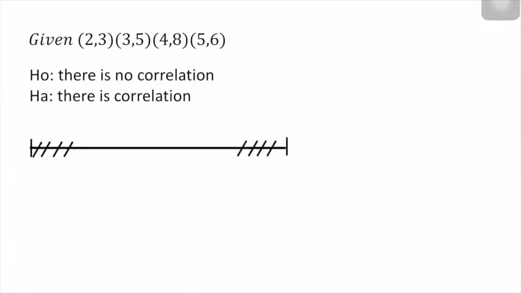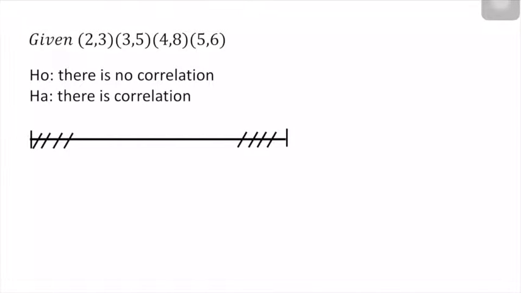Second, we draw a line and shade the region, and we know that r is from -1 to 1. And then we look up the chart for r, with n equals 4 and alpha 0.05.